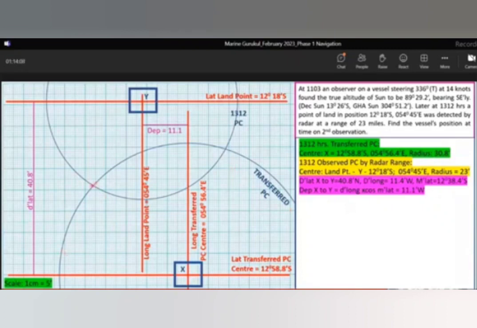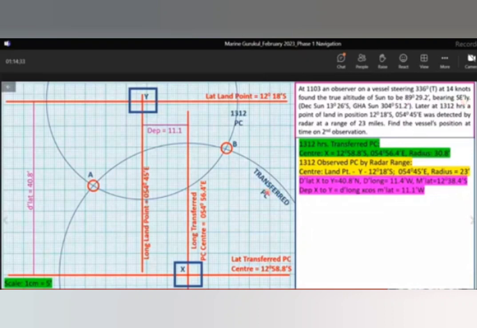These two position circles are intersecting at this point here, which we can call A, and also at this point, which we can call B. That means in this case, the vessel could be either at position A or position B. Now, if you go back to the question, it says the sun was bearing southeasterly.